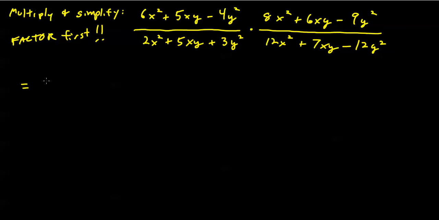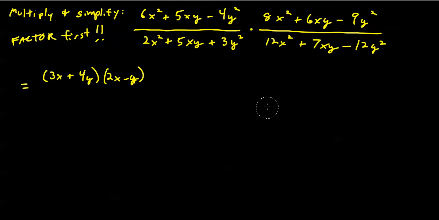The numerator of the first rational expression factors as 3x plus 4y times 2x minus y.